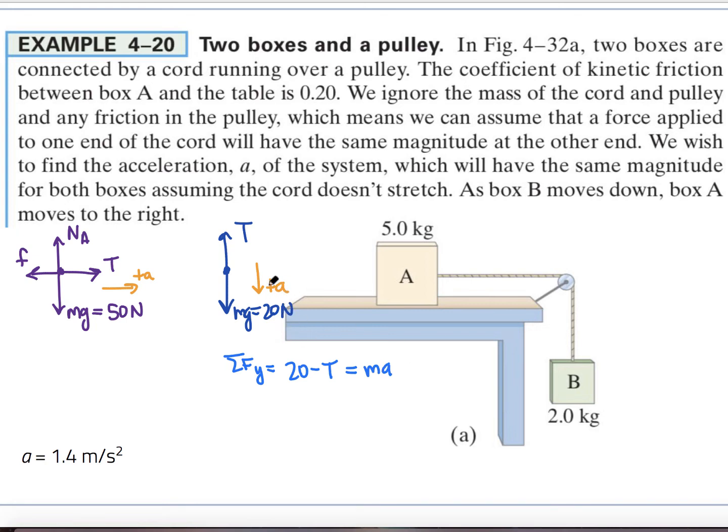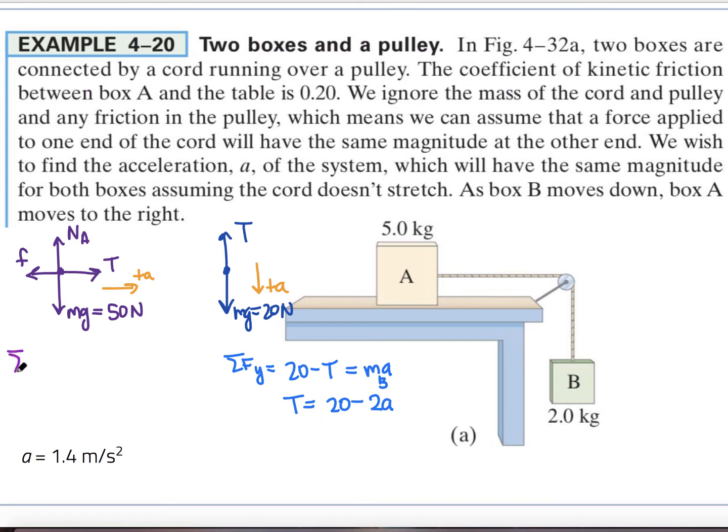I'm just going to call it a because this is my direction that's positive. So this is nice. I'm actually going to go ahead and solve this for tension. So I have 20 minus, and I'm actually going to replace the m with 2 because this is mass B, so I've got to be careful of that. So I have tension is 20 minus 2a.